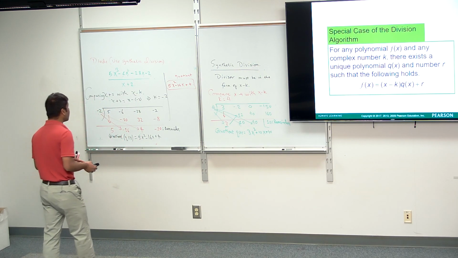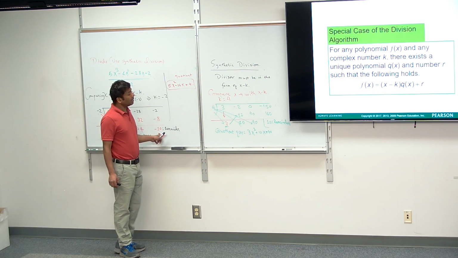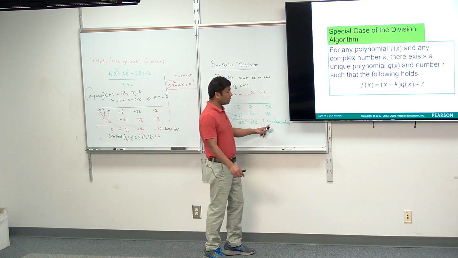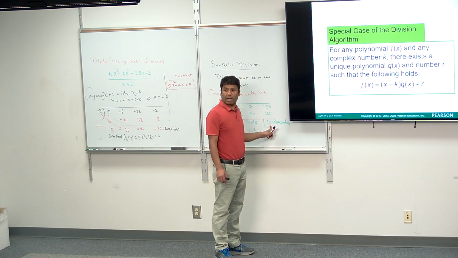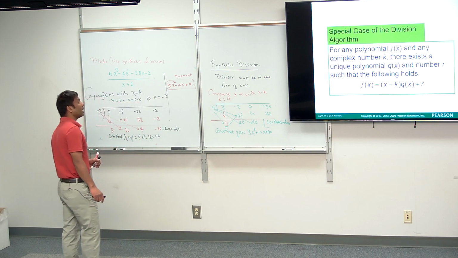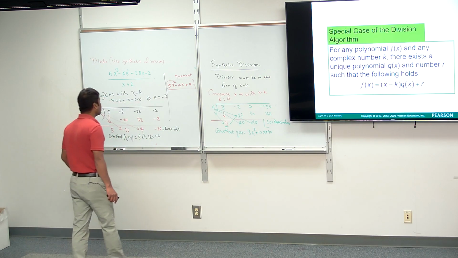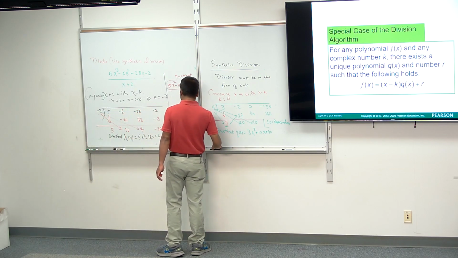In this case, what is the remainder? The number is negative 10, right? So in that case, f(x) will be equal to (x minus k) times q(x) plus what? R.